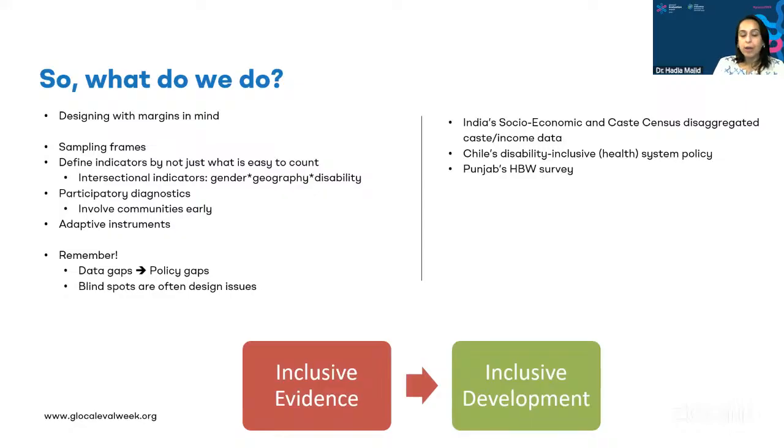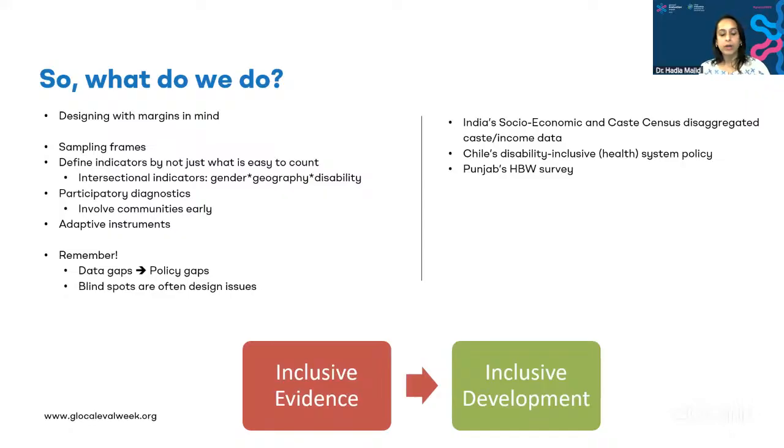So take the example of women with disabilities, or women with disabilities in remote areas, or women with disabilities in your low-income slums. Are my indicators able to gather information on these particular intersectionalities? In a lot of cases, these design issues can be solved if you involve communities early on.